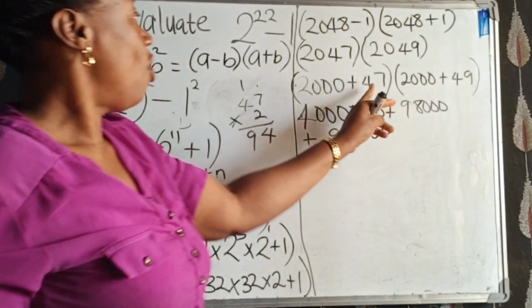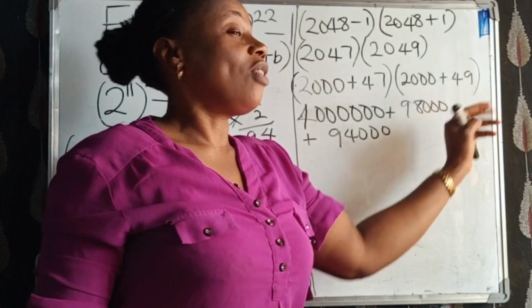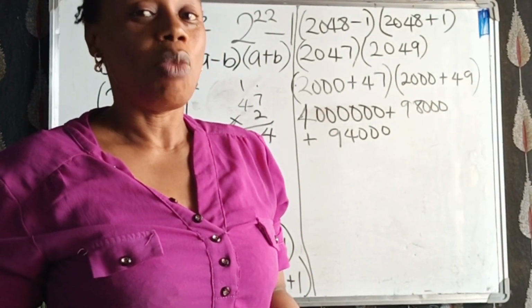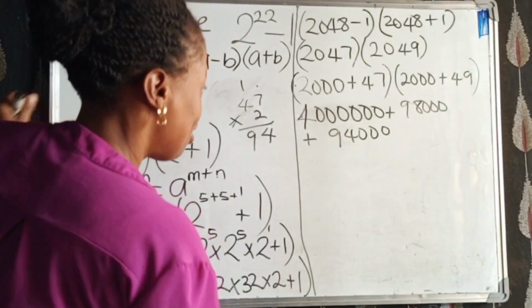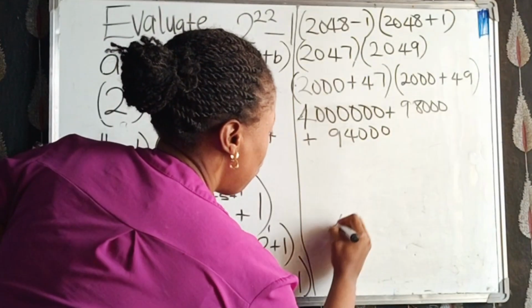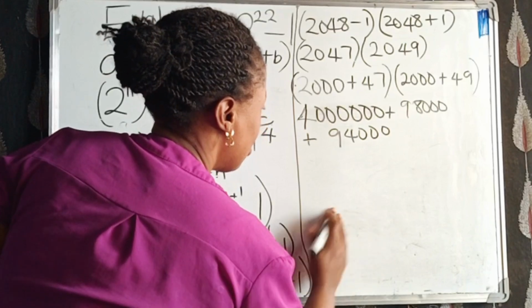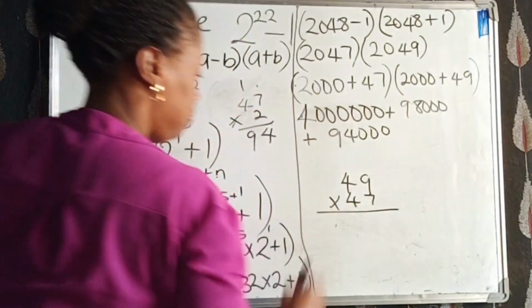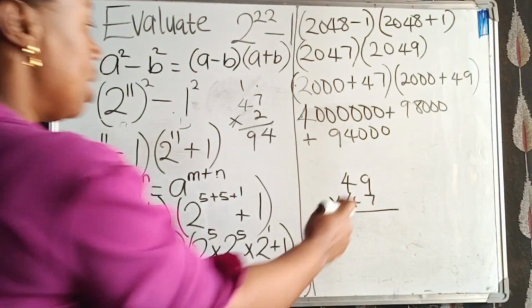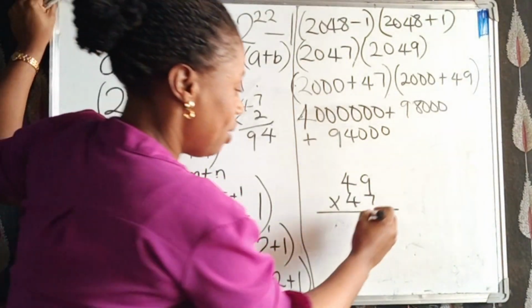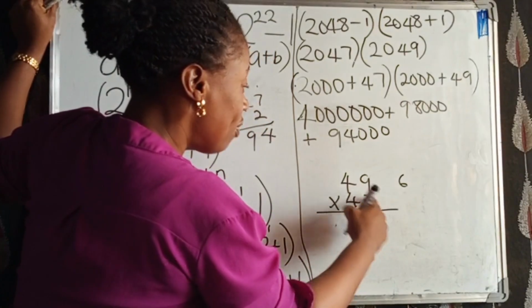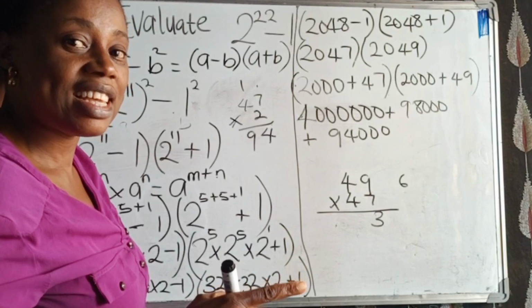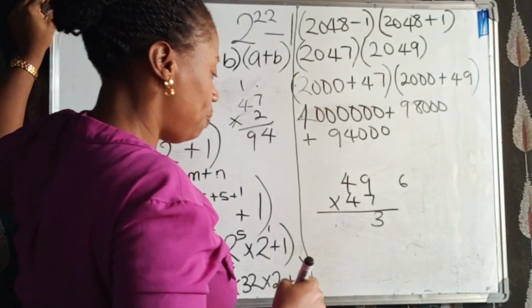Now, 47 times 49. This is where you are going to do your mathematics. Let's do it: 49 times 47. 7 times 9 is 63, we have 3, carry 6. 7 times 4 is 28, 28 plus 6 will be 34.